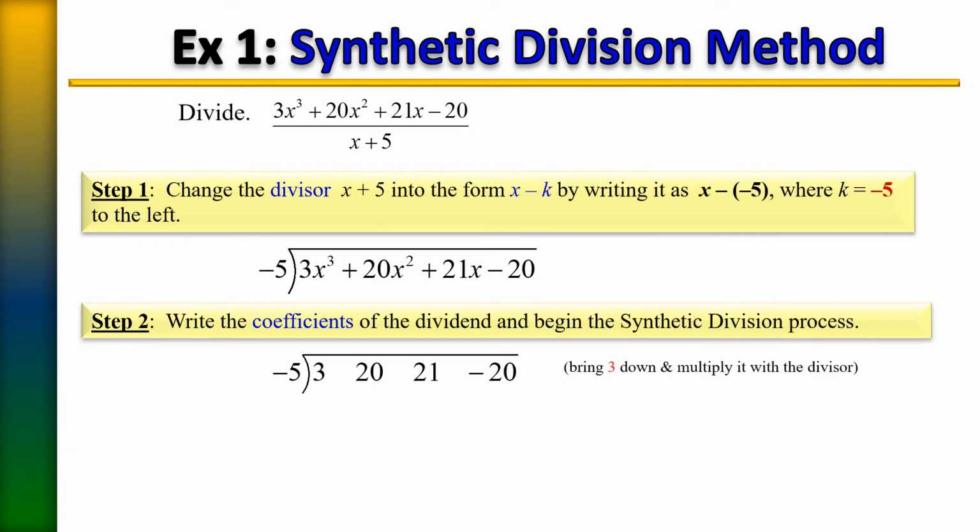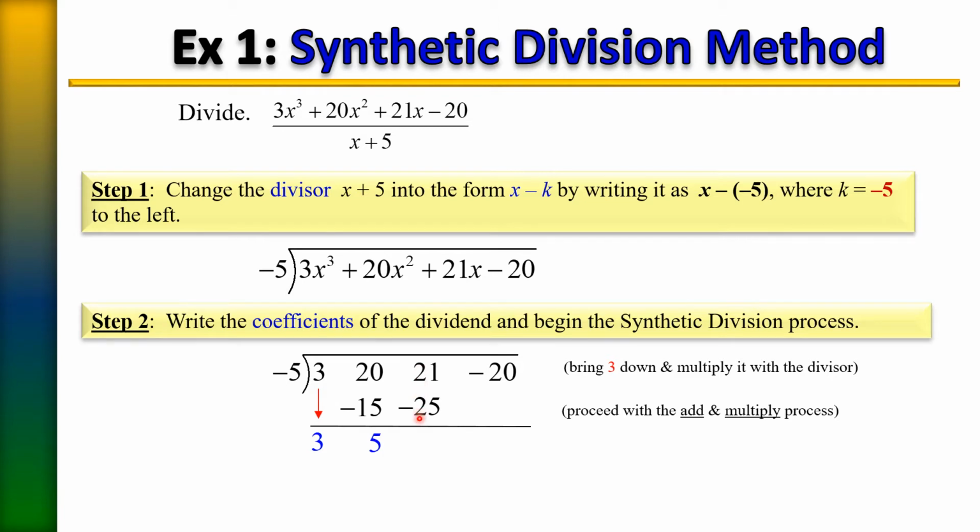Step 1, bring down your first term. So I'm going to bring down the 3, multiply that with negative 5 to get negative 15. Combine those numbers, bring down a 5, multiply that with negative 5 to get negative 25.